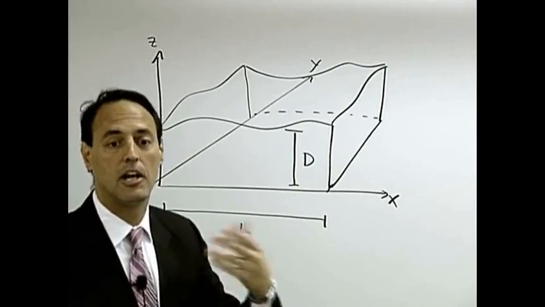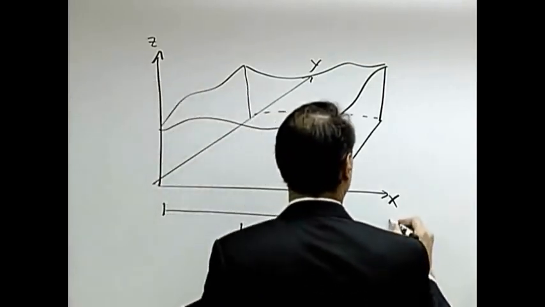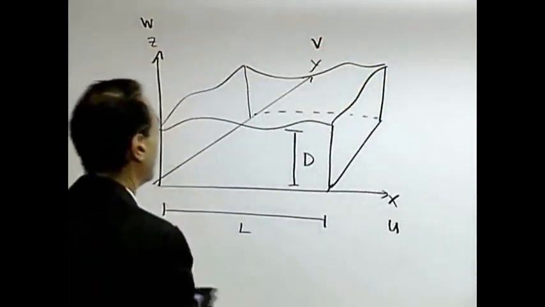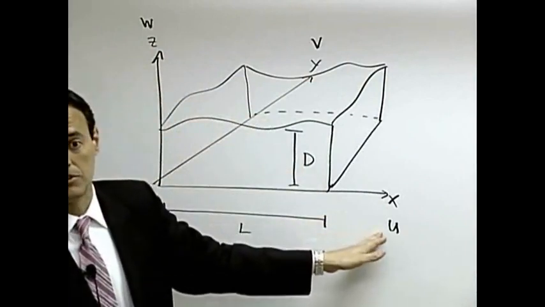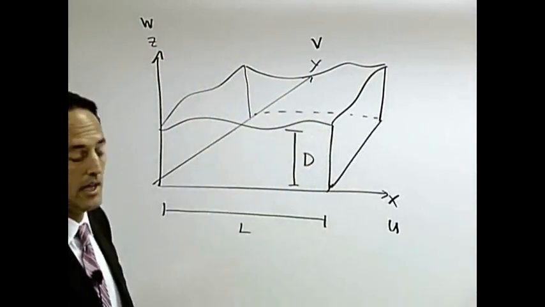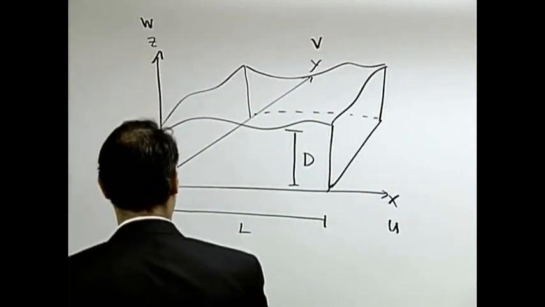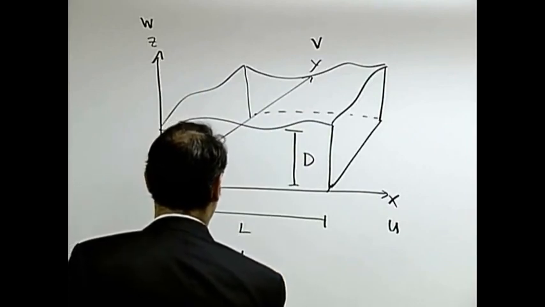So we need the velocity of the fluid. There is going to be a U, V, and W. The velocity of the fluid in the X direction is U, in the Y direction is V, and in the Z direction is W. So our velocity field will be (U, V, W).